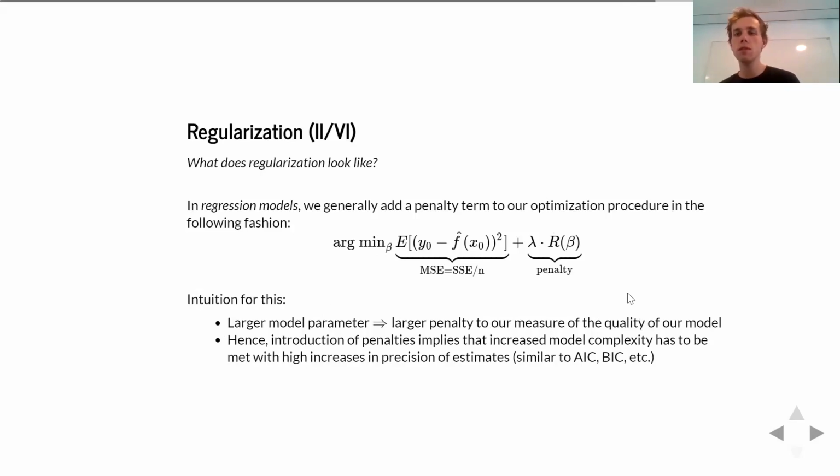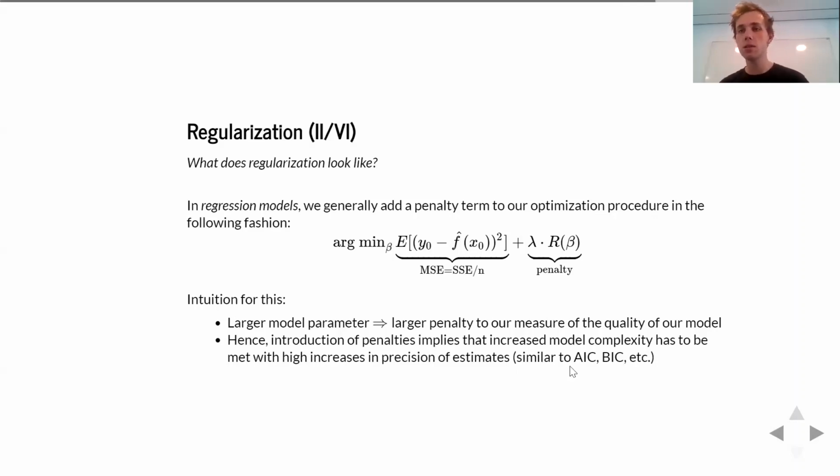As we saw in the previous video, we had these exploding coefficients, but if we penalize the size of the coefficients in our objective function, we will make our algorithm pick models with smaller coefficient values. Thereby, the introduction of penalties implies that increased model complexity has to be met with higher increases in the precision of estimates.